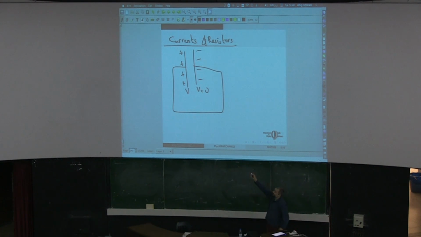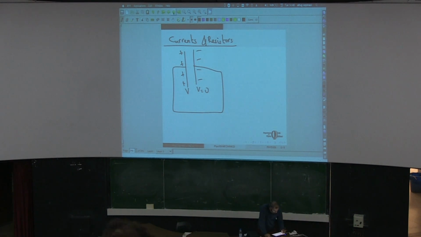Now all of these points are on the same conductor, but we have a potential difference. So what happens? The charges will be moving around.